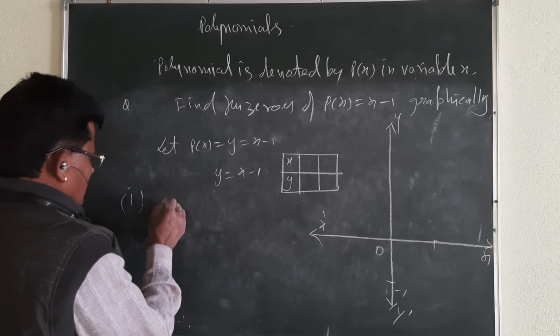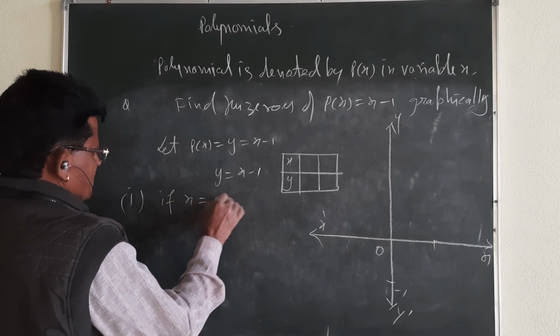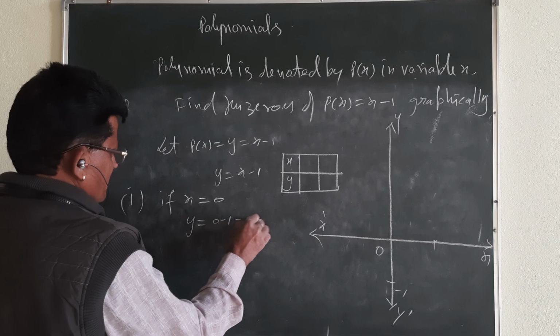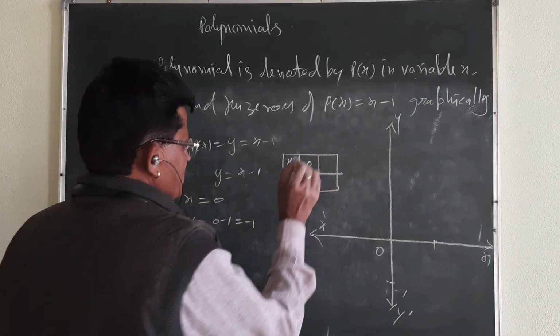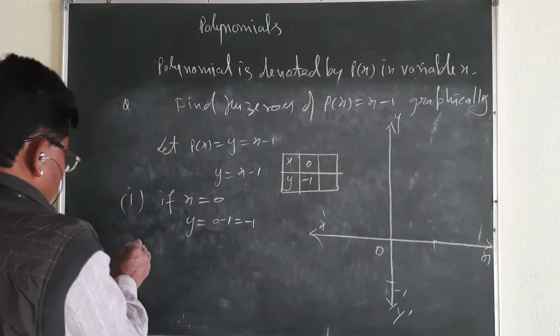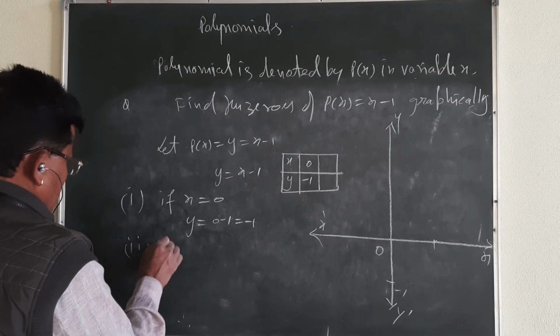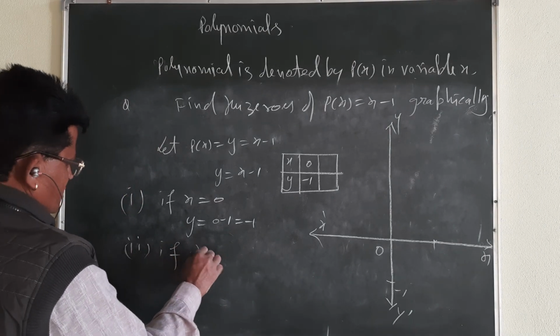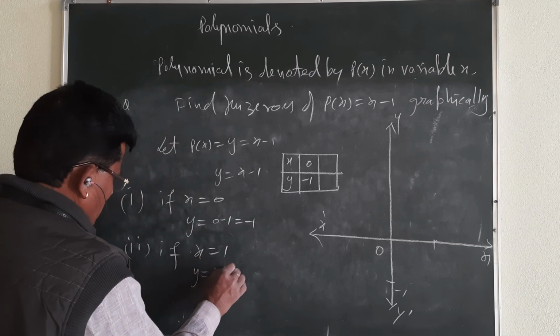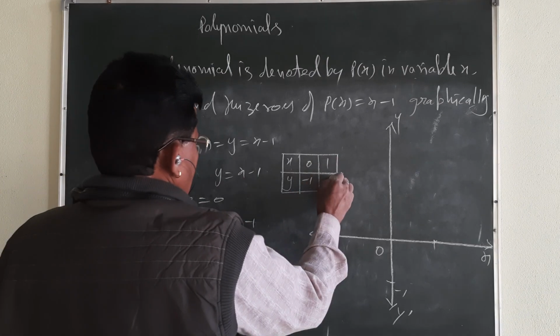If x is equal to 0, you put here, then y will be equal to 0 minus 1, which is minus 1. Very simple. Second case, if x is equal to 1, in place of x you write 1, then y will be equal to 1 minus 1, which is 0.